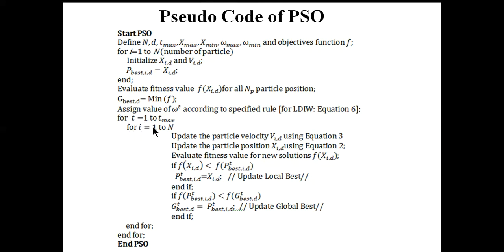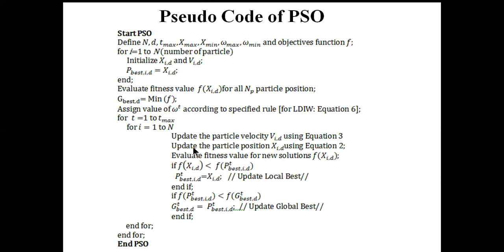So for i equal to 1 to n, we need to update the particle velocity by using equation number 3 that has been explained earlier. After that update, we need to update the corresponding particle position x_i,d using equation number 2.